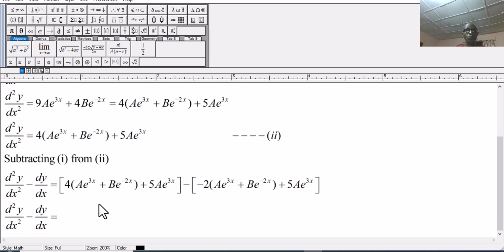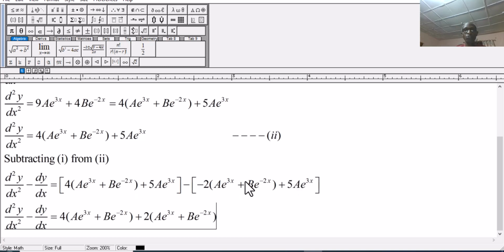If you open up the brackets, minus times minus changes to plus. Now plus 5a e raised to the power of 3x minus this goes to 0, so we don't have any issues with that.